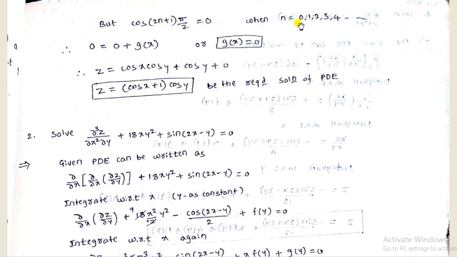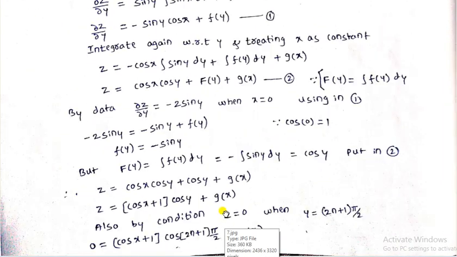So when you substitute n equal to 0, 1, 2, 3, 4, etc., our cos of (2n plus 1) pi by 2 value becomes 0. So using this value in the previous step, substitute 0, so this whole term is 0, which gives g of x is equal to 0.